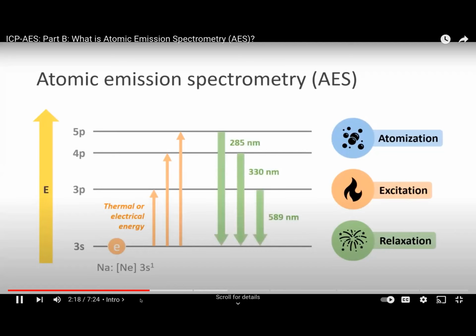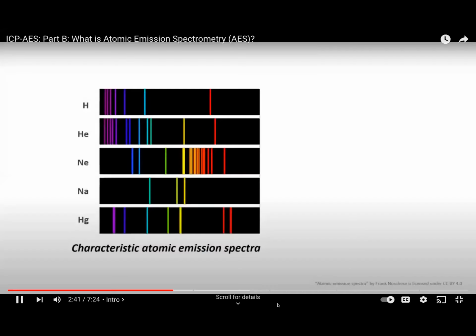As shown in this energy diagram, the wavelength of the emitted light depends on the energy gap between the atomic orbitals, which is unique for every element in the periodic table. In this example, the wavelength of 589 nanometers is responsible for the yellow light we see in fireworks that contain sodium salts. Here are some examples of atomic emission spectra of different elements.